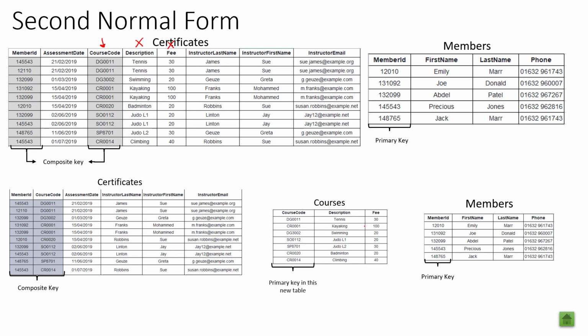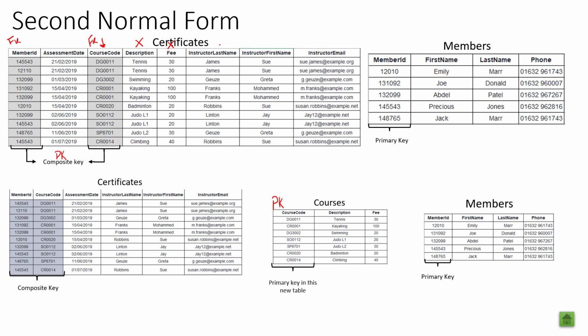I put the description and the fee inside there, and I put the course code inside there. The course code now becomes a primary key, and then inside here it becomes a foreign key, and my two foreign keys have made my composite primary key. No problem. So far I'm pretty happy.